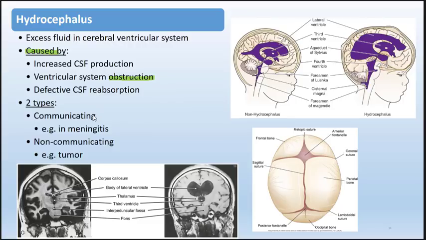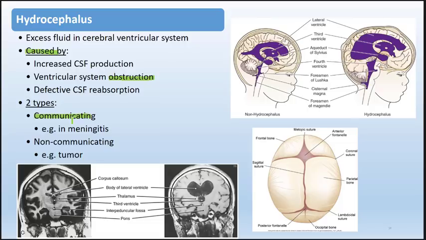There are two types that exist, communicating and non-communicating hydrocephalus. Communicating hydrocephalus results from impaired reabsorption of the cerebrospinal fluid in the absence of obstruction. So when we talk about communicating, we're talking about impaired reabsorption in the absence of a true obstruction. And when we talk about obstruction, we mean between the ventricles and the subarachnoid space.